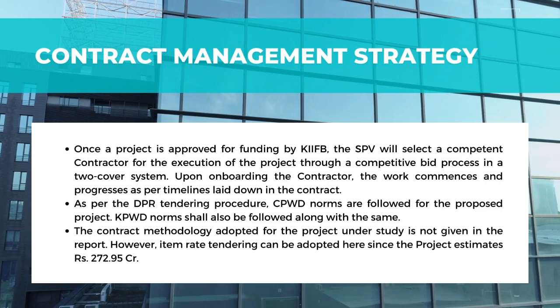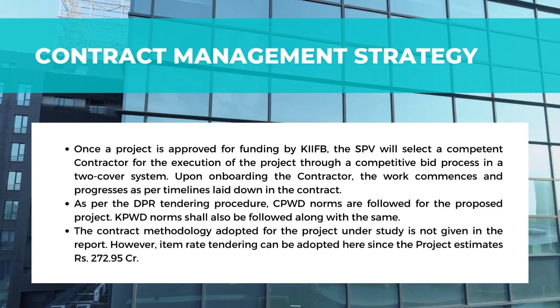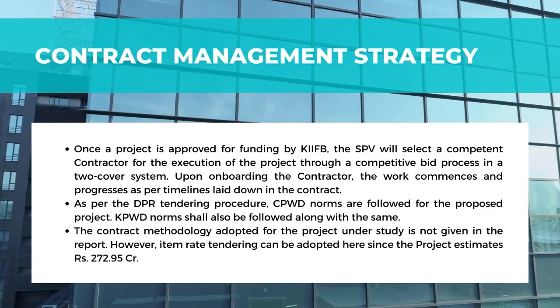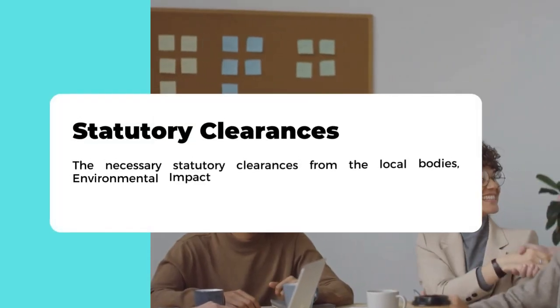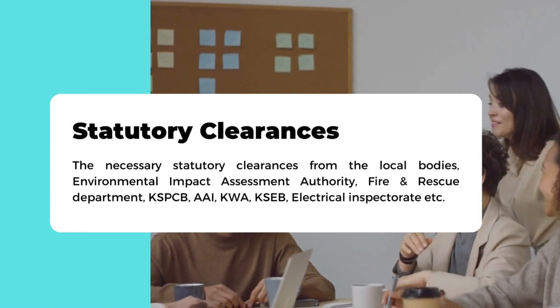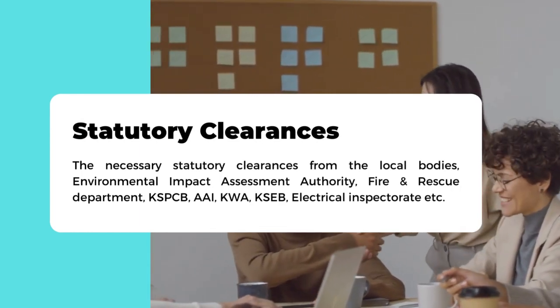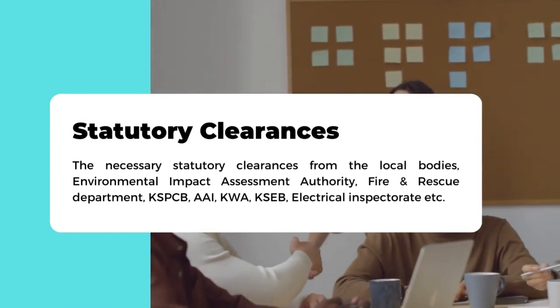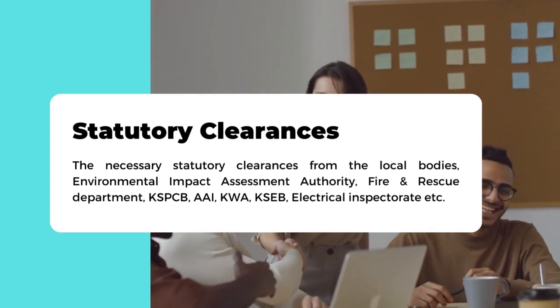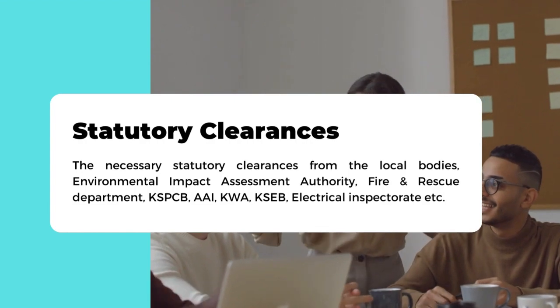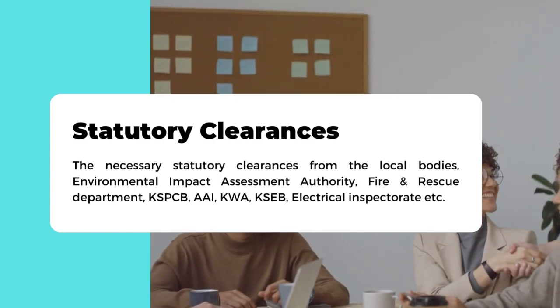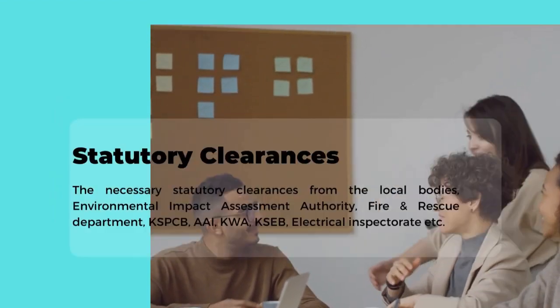However, item rate tendering can be adopted here since the project estimates rupees 272.95 crores. Statutory clearances. The necessary statutory clearances are required from the local bodies, Environmental Impact Assessment Authority, Fire and Rescue Department, KSPCB, AAI, KWA, KCB, and Electrical Inspectorate.